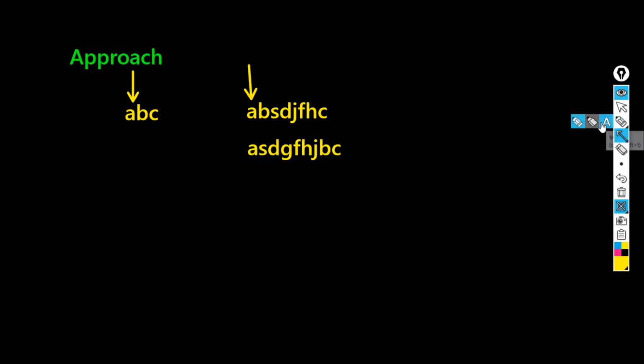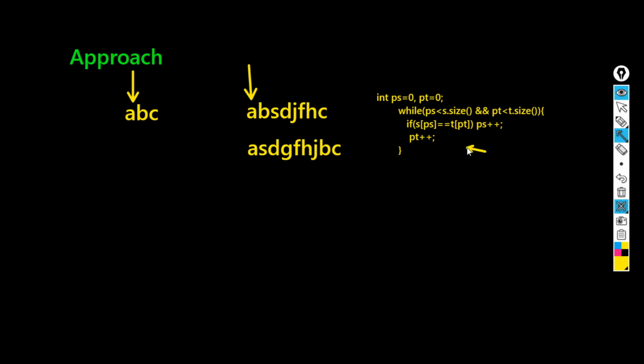Let's write some code. Suppose we have this code. Here I have initialized both the pointers and then I iterate over the whole size. First of all, I am checking if the size of S is 0, then I will directly return. Or if PS or PT is equal to the size of strings S and T, then we will return.